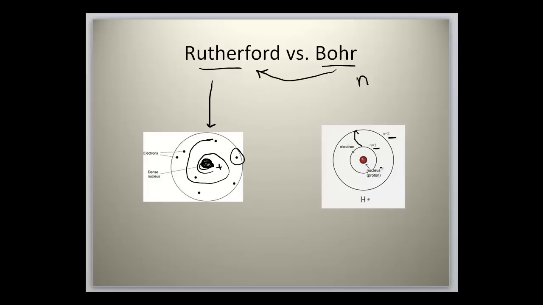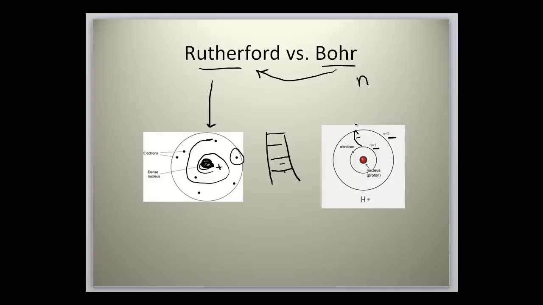But the key to Bohr's model was you had to put a specific amount of energy into that electron. In other words, think of it as climbing a ladder. You've got your ladder here. To get your foot to the next rung, you have to put in a specific amount of energy or a specific distance. If you only went halfway, your foot wouldn't make it to the next rung. And Bohr's model worked sort of like that. In other words, each energy level has a specific energy.